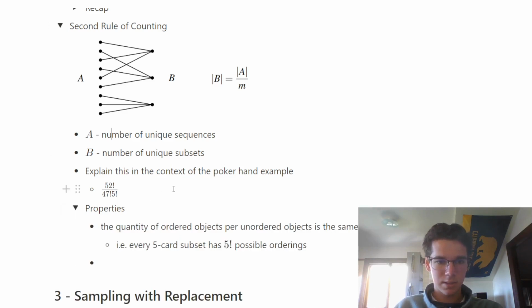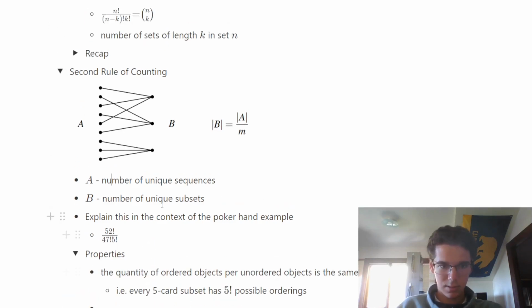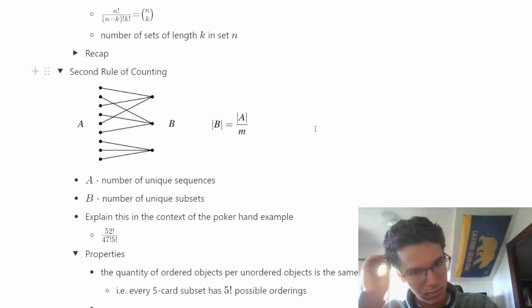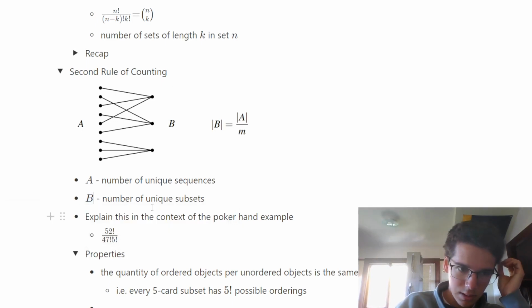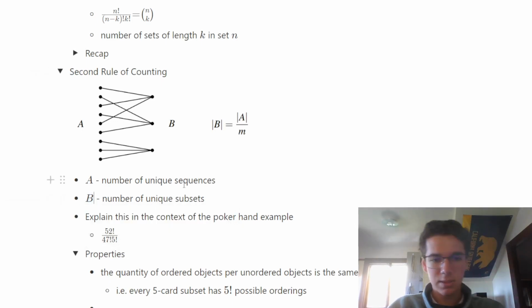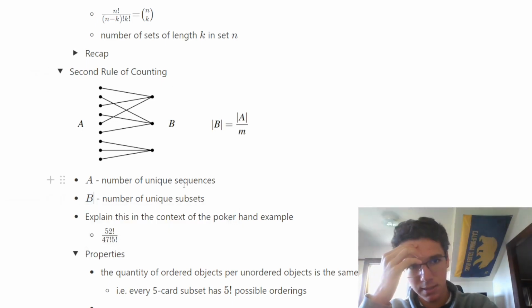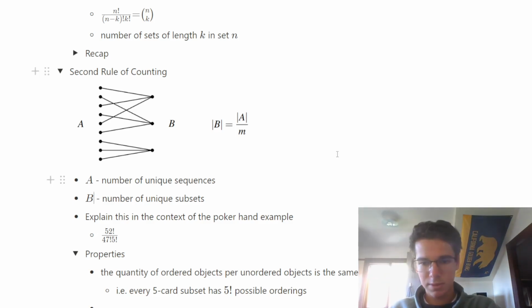M is the number of unique subsets, actually. No, sorry. B is the number of unique subsets, but M is... Let me double check this.